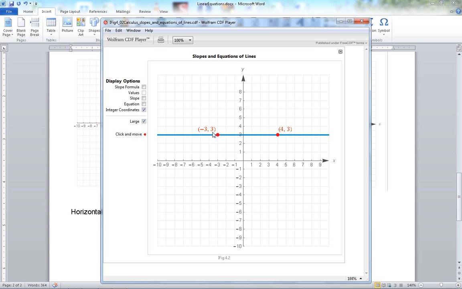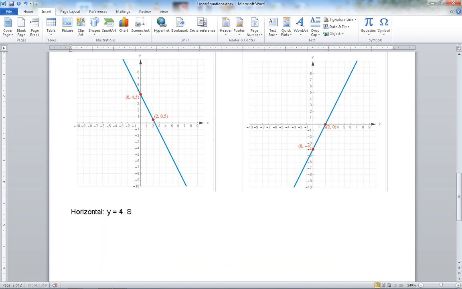Notice the y value is going to be 3 no matter where you are on this line, but the x value can change. So if we say y equals 3, that's going to give us a horizontal line. In this case, the slope, m, equals 0. And if you think about the equation, you could say y equals 0 times x plus 4.